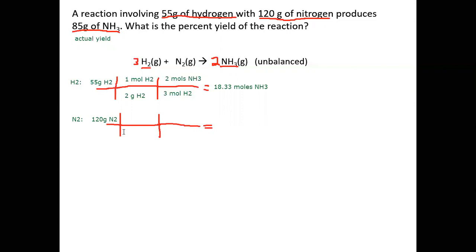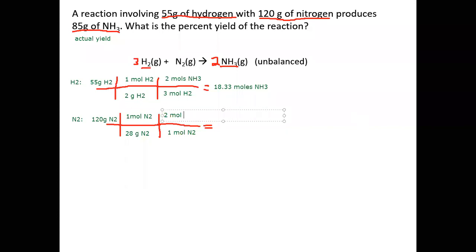First step, we convert to moles. Now here you see mole of nitrogen is on top. The next step is our mole ratio. 1 mole of nitrogen gives 2 moles of ammonia. So nitrogen goes on the bottom.